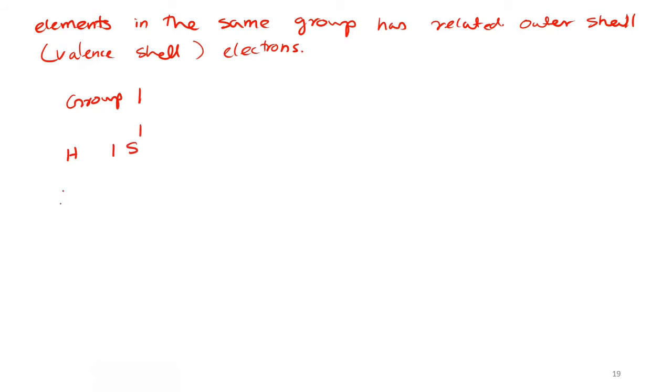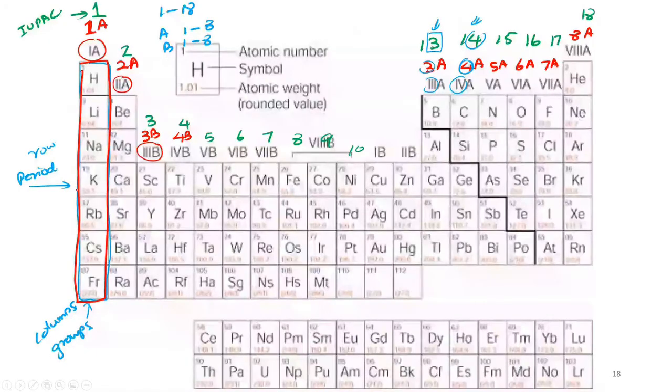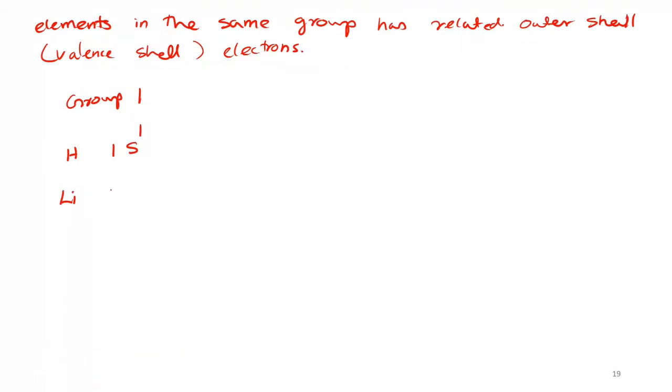And then if we take lithium, which is directly under hydrogen, it has the electron configuration of helium core and 2s1. Look at sodium. It will have this kind of electron configuration, and it keeps on going following a certain pattern.